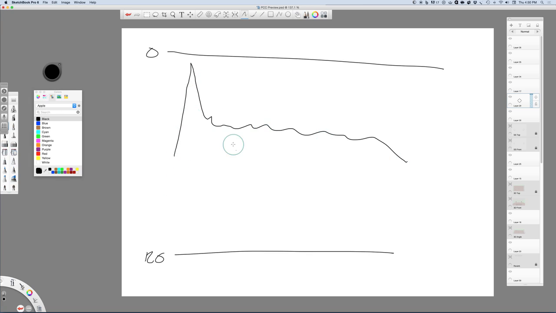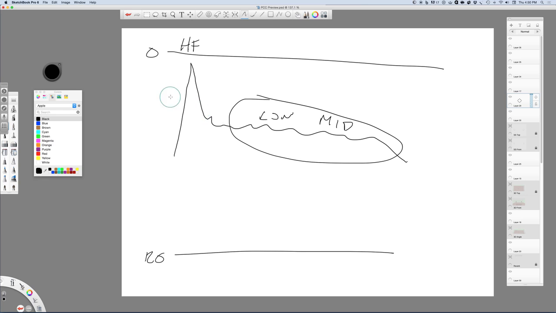Now, when we get past this, the high frequency information is mostly built into the transient, not into the sustain. And this here is more low and mid-range information. So this is more the sustained signal. If this was a bass, that would be the pick or the finger hitting the string, and this would be all the low resonance, the tone of the actual instrument.